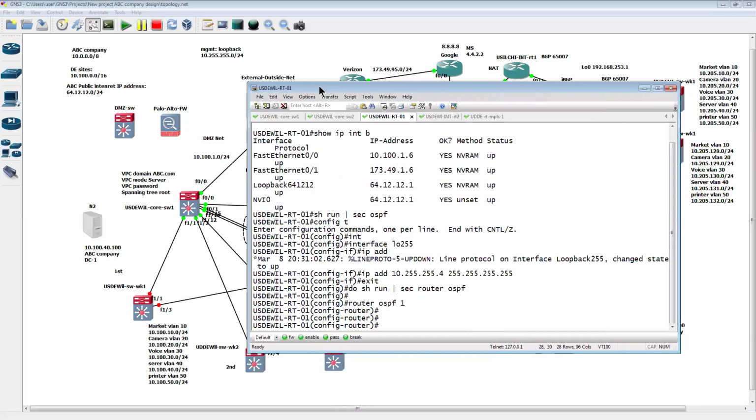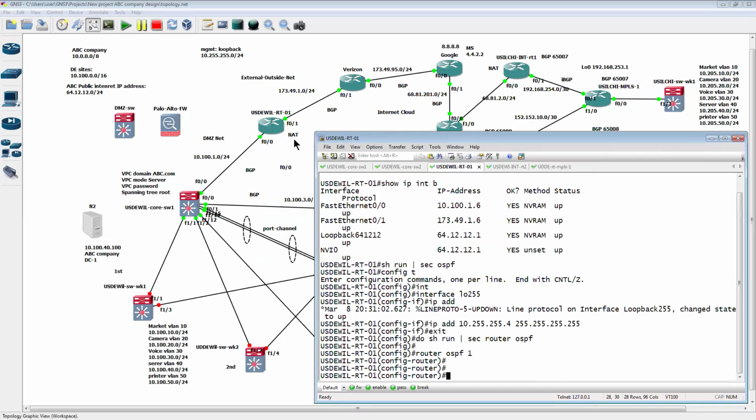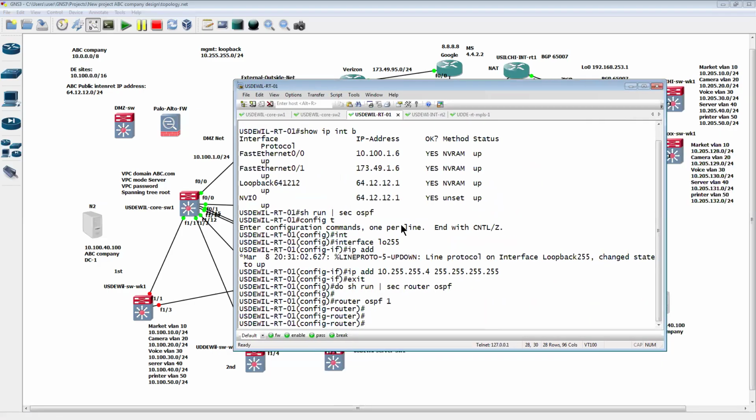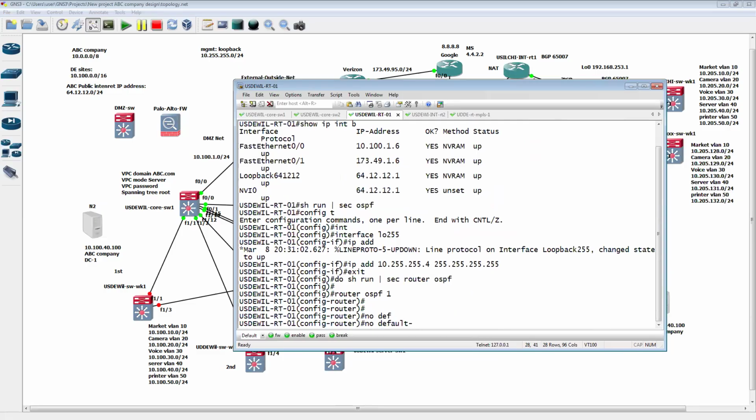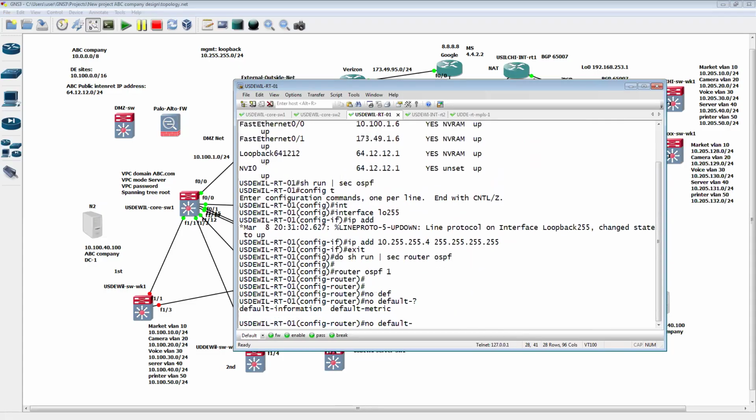So in this case, I remember we have to set default first. We want to shut down all the forming first in here. I think, let's see, no default something like that. Hold on. No default, yeah, put the question mark in here. No default information, is that correct? I forgot. See, it's been a long time. I forgot the command.